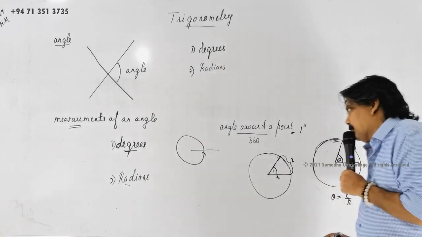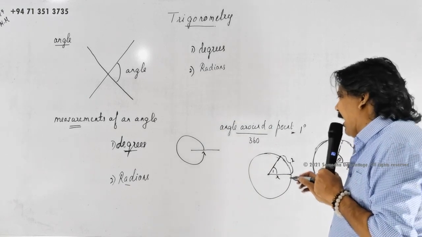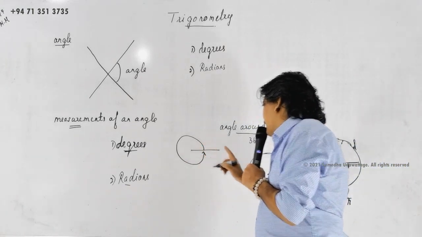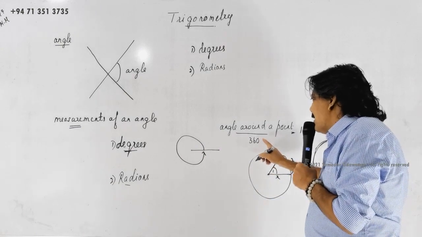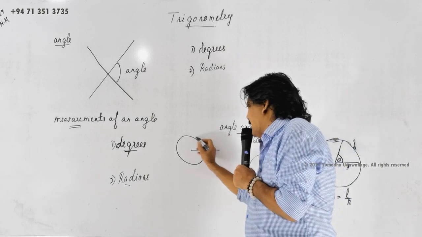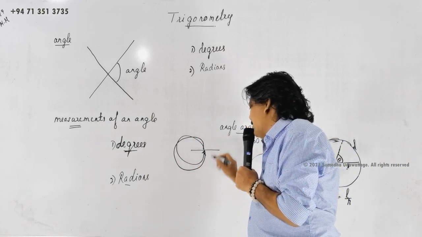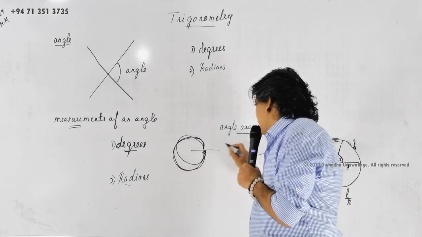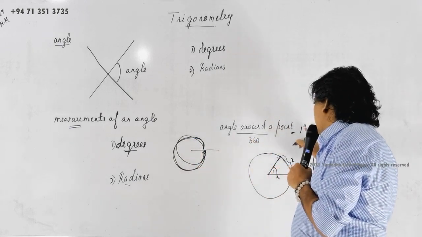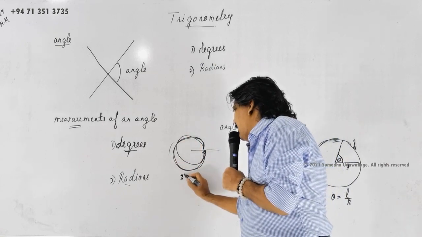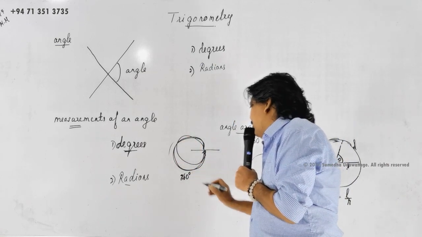And the angle around a point divided by 360 is 1 degree. Then for a circle, how many degrees? The angle around the point comes to 360 degrees.